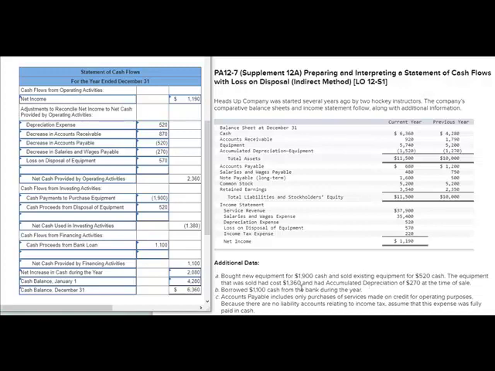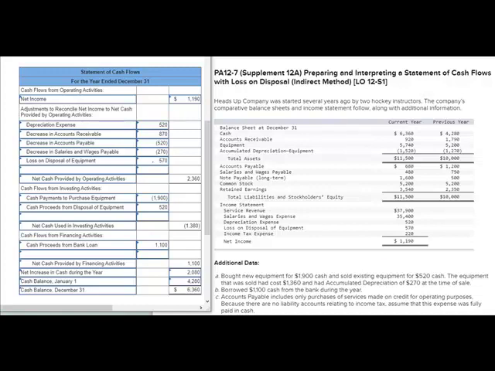It had a cost of $1,360, accumulated depreciation of $270 at the time of sale. And so I subtracted the accumulated depreciation from the cost to get book value. And then because I received less cash than the book value, I knew I had a loss of $570.